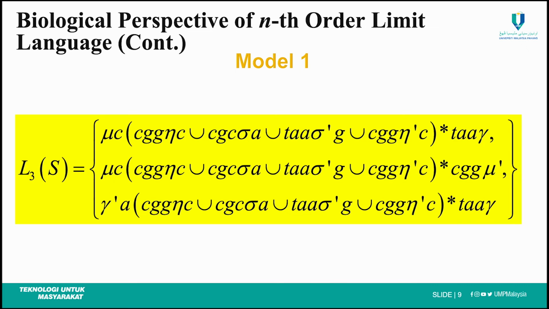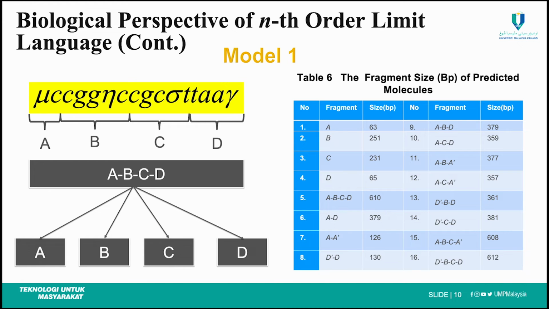This is the third order limit language according to the model we use, and the string is divided into these few fragments, and the length of each fragments are given as mentioned on table 6.